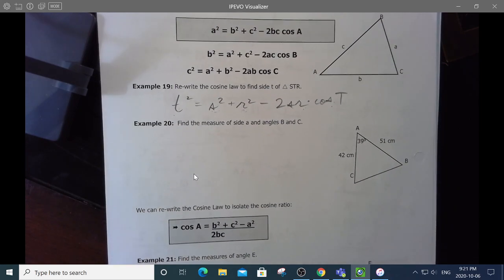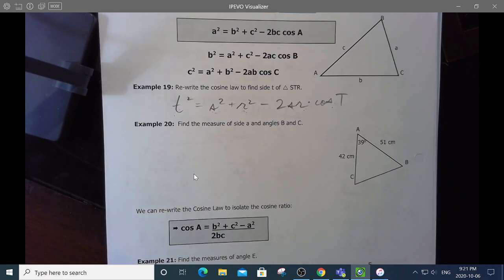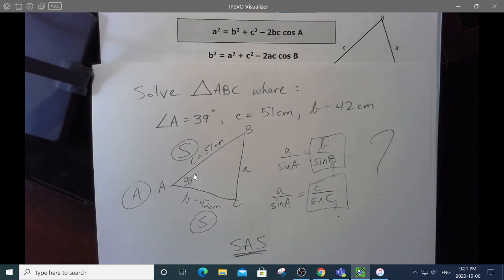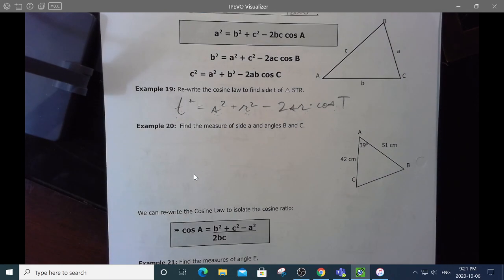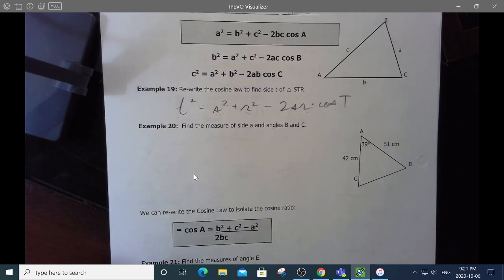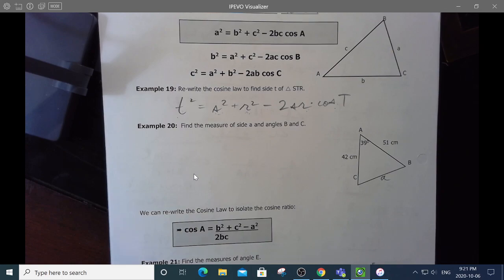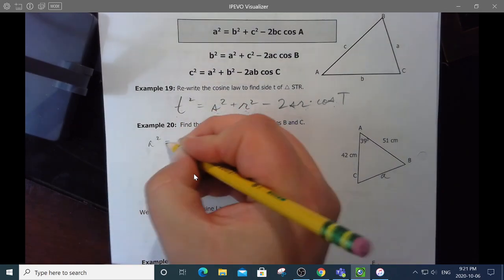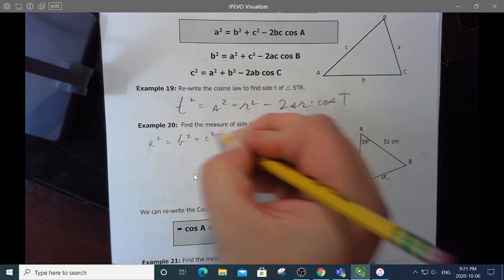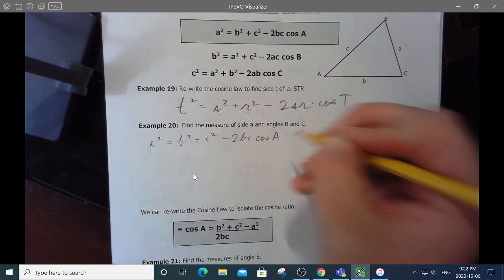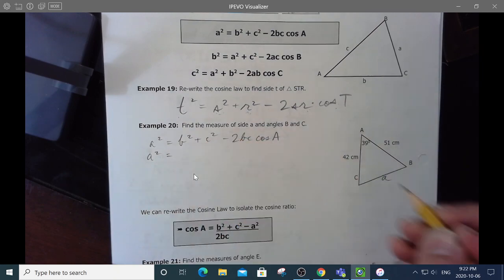Here's actually the problem we started with. Example 20 is this aborted attempt we tried to use sine law on, and it didn't work. So now I am looking for side A, and I can say that A squared equals B squared plus C squared minus 2BC cosine of angle A. Now we plug in numbers.